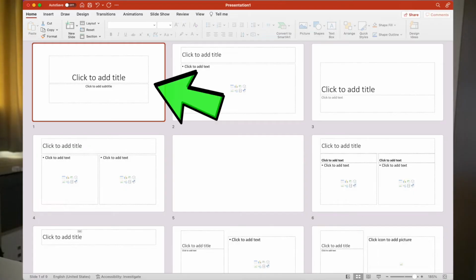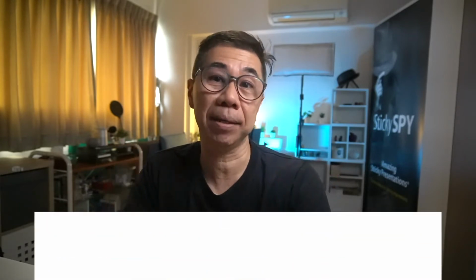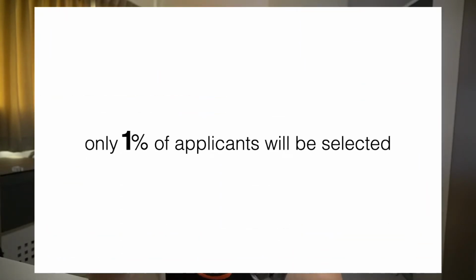Let's just take a look at the default plain templates. The title slide is a good one. Just one line of text. That's good. It's simple. This can be used to show the key message or an intro message to a new section of the presentation. Or sometimes we just want a simple slide with just one message.